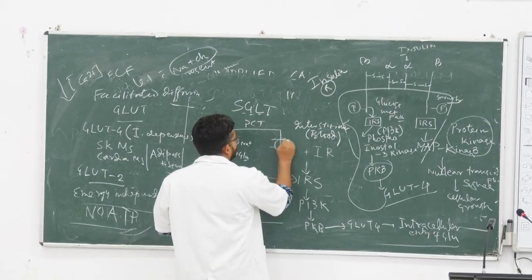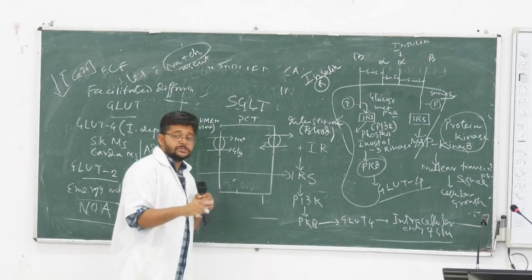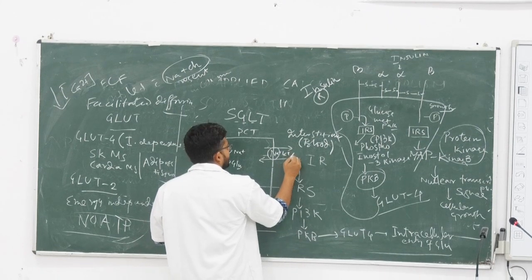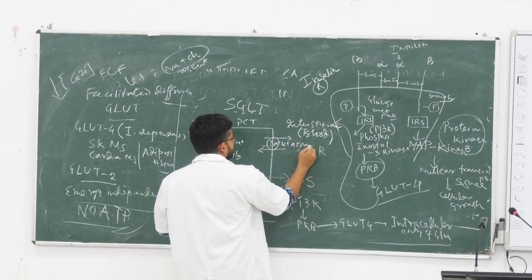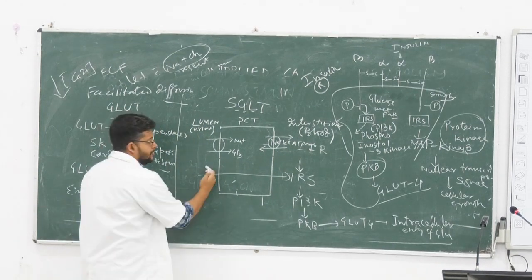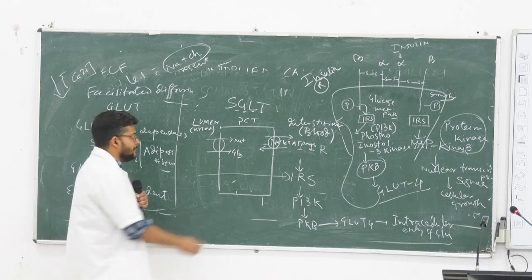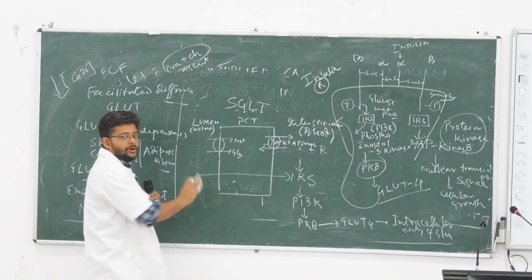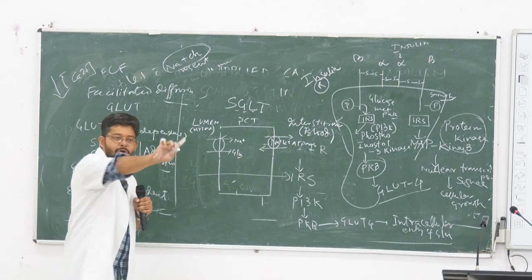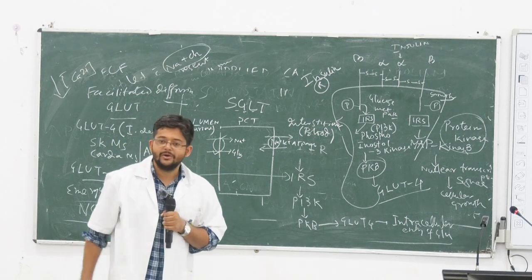This pumps sodium out of the cell with respect to potassium, so we have sodium out of the cell, and the sodium gradient inside the cell will be maintained. The lower the sodium inside compared to the urine, more and more sodium will go in, and simultaneously more and more glucose will go in.